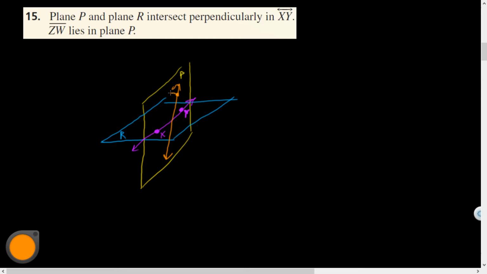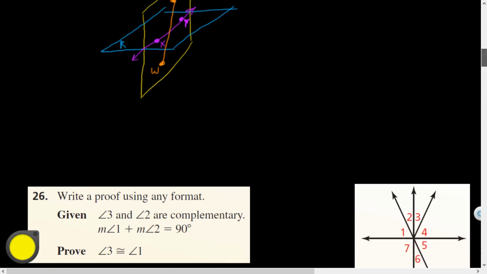Oh, and actually, I messed up. ZW is a segment, not a line, so it starts and ends at Z and W. This doesn't necessarily bisect any of those things, so we can't assume those things, so don't.